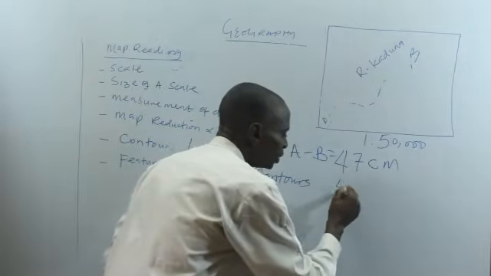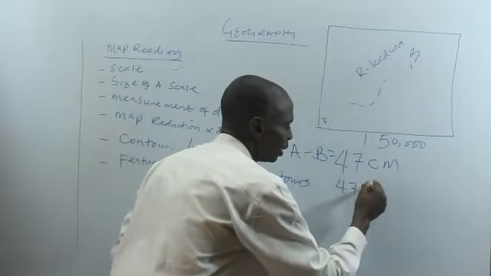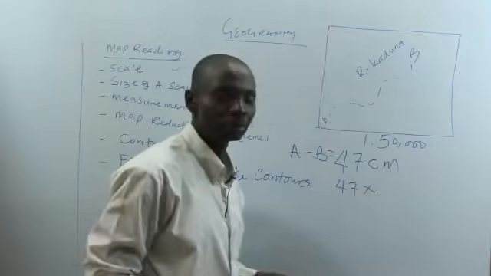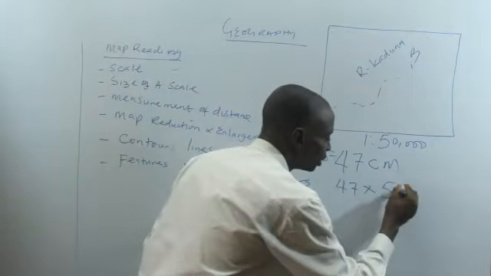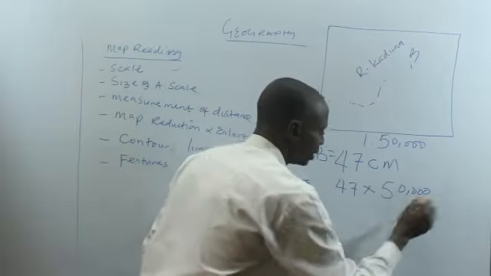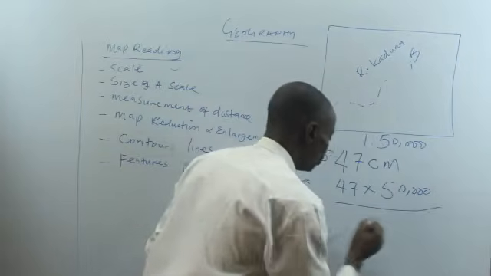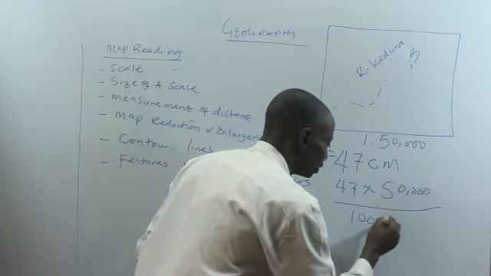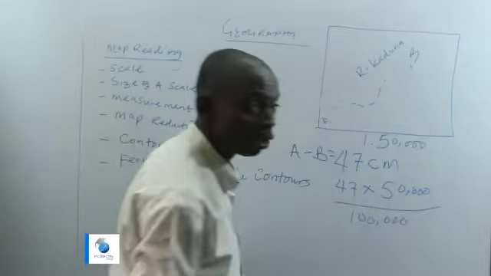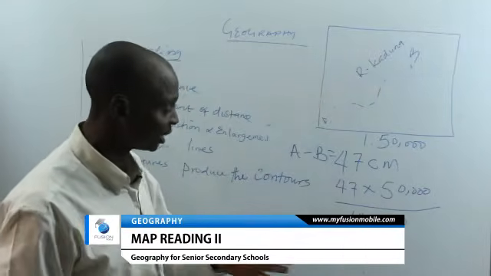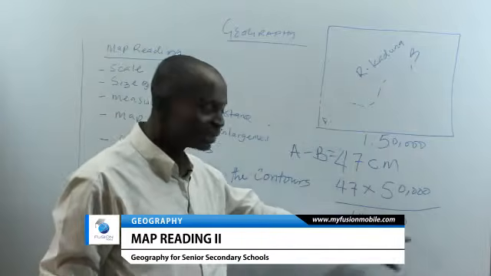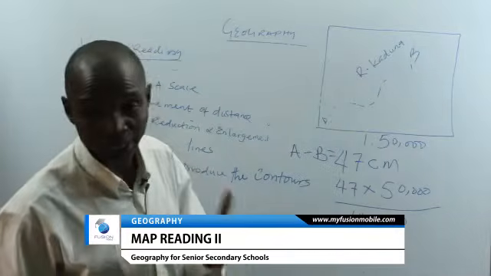You now multiply 47 by the scale of the map. The scale of the map here is what? It is 50,000. Then divide by 100,000. Do you know why we are dividing it by 100,000? In your metric system, 100,000 centimeters is equal to 1 kilometer.